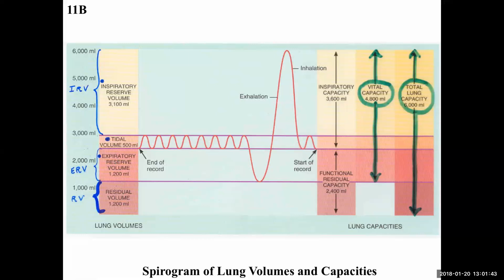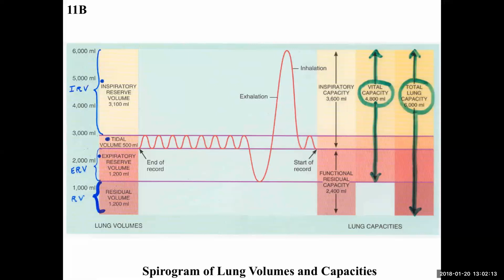So we can come up with another total called the total lung capacity, which includes this residual volume. Remember, vital capacity was IRV, ERV plus TV, and now if we just add on the residual volume, we have the total lung capacity.